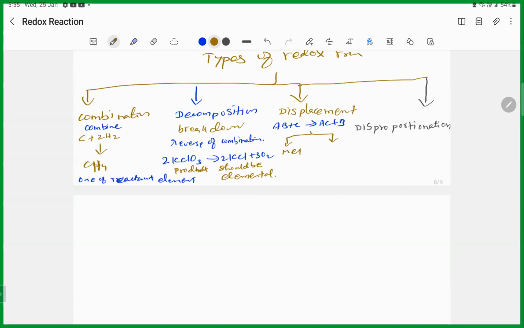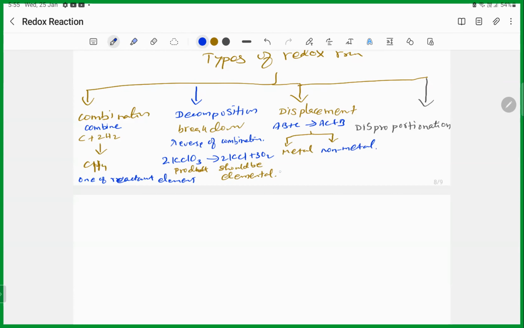In metal displacement, if a metal atom or ion is displaced by another metal atom or ion, it is called a metal displacement reaction.